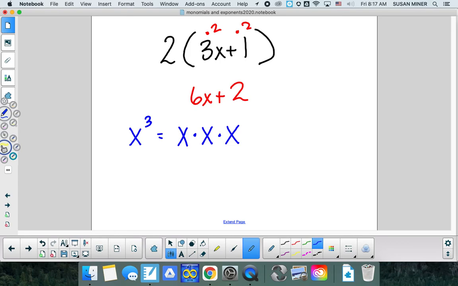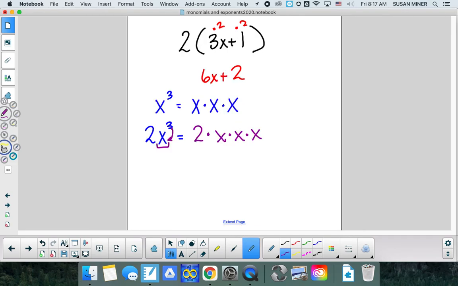And remember when I had a 2 in front, the 2 was not affected by the exponent. The 2 was my coefficient, and so this was just 2 times x times x times x. The exponent only affects its base that is right in front of it. So we kind of talked about that.